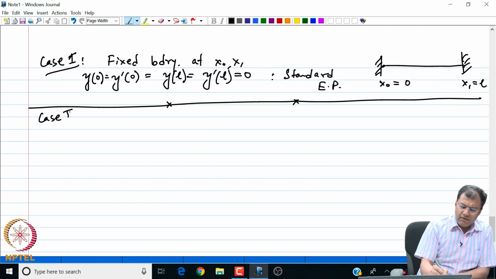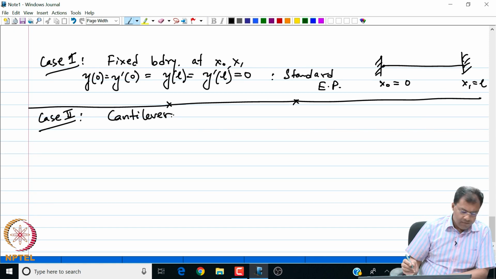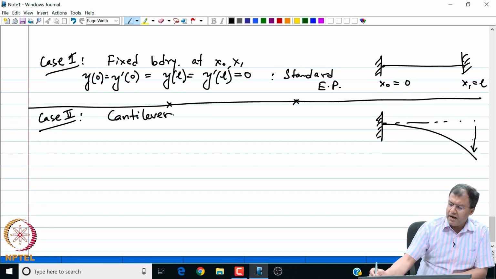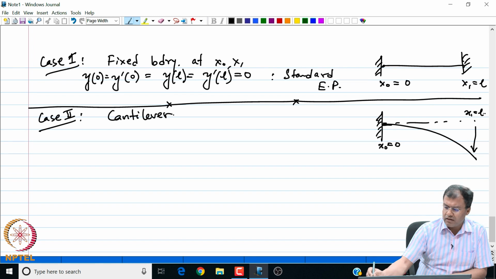The second case we have in mind is the cantilever problem. The cantilever case, where we have a beam, let us say this is my horizontal, the beam is able to bend at one of the endpoints. So, this is my fixed boundary here. So, at x 0 equal to 0 the beam is fixed as well as its slope is defined, but on the other end at x 1 equal to L it is free to move.